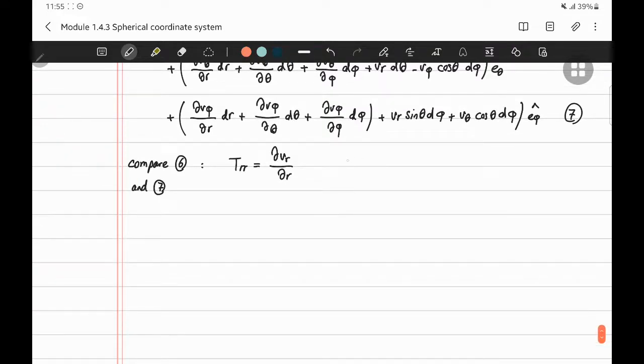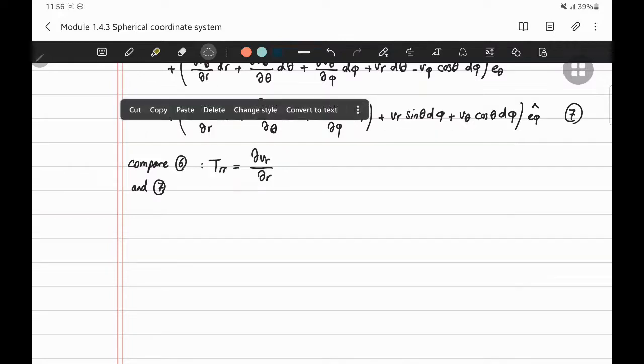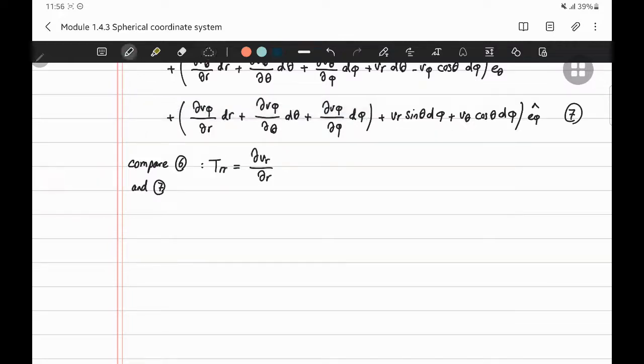Then T_r theta is 1 divided by r times the partial derivative of v_r with respect to theta minus v_theta.